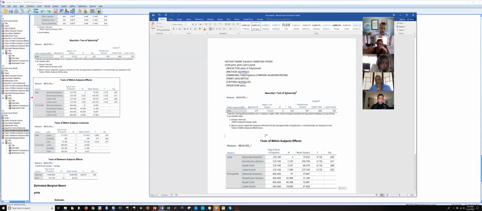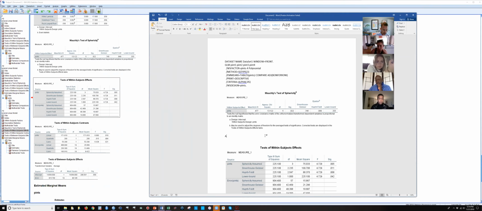You might say something like, an examination looking at Mauchly's test of sphericity, we found that the results indicated a violation of the assumption.